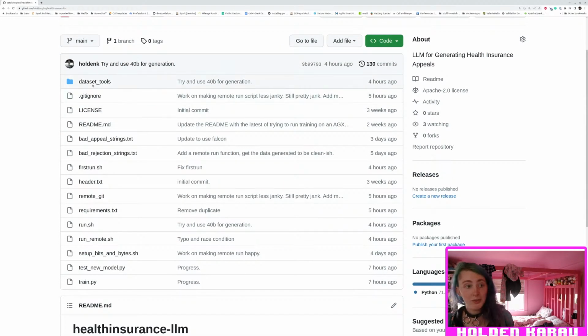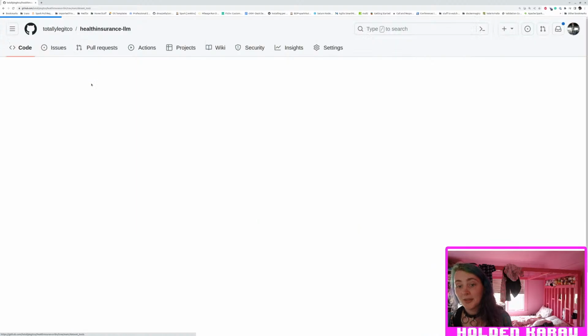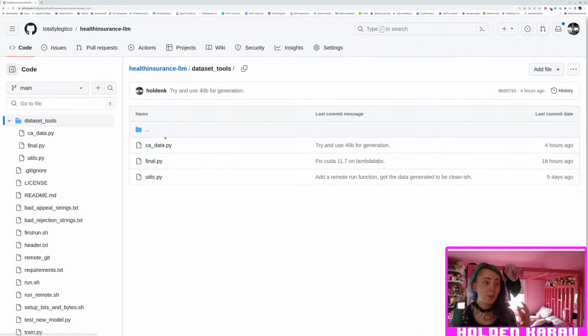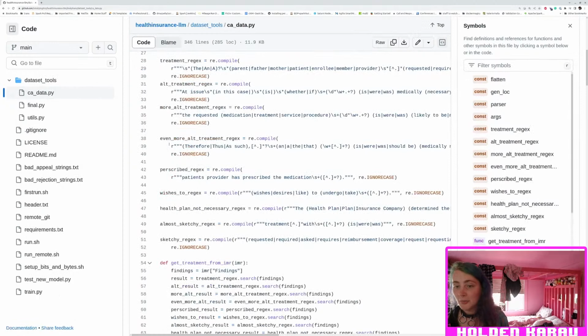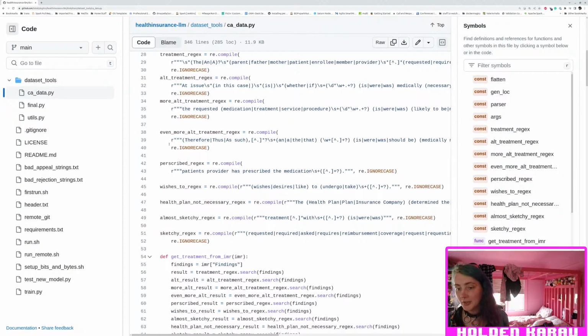The main interesting thing, I think, is the dataset tools. Fundamentally, our big problem here is that we don't have a large number of health insurance appeals to work with. But the good news is the state of California does publish a lot of health insurance review decisions. So what we did inside of this CA data is we get all of those decisions.